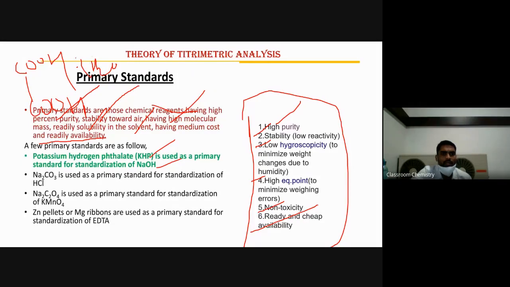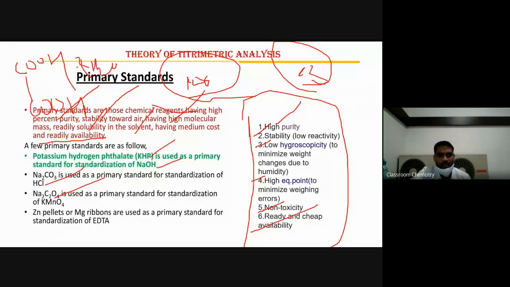Molecular weight is 126, and for making a one normal solution we take 63. My question for the next lecture: how to prepare a one normal solution of oxalic acid. Sodium carbonate is used as a primary standard for standardization of HCl. Disodium oxalate, Na2C2O4, is used as a primary standard for standardization of KMnO4.